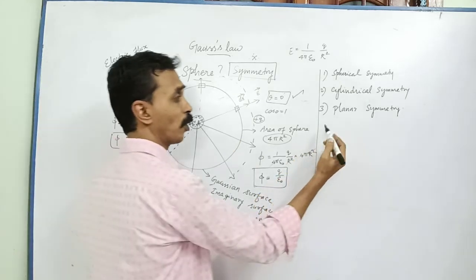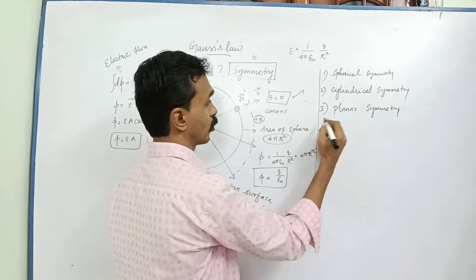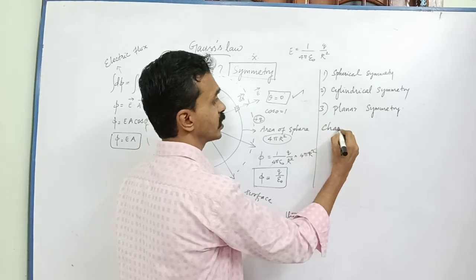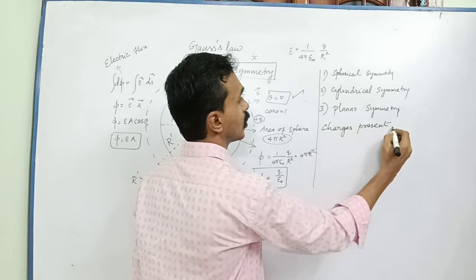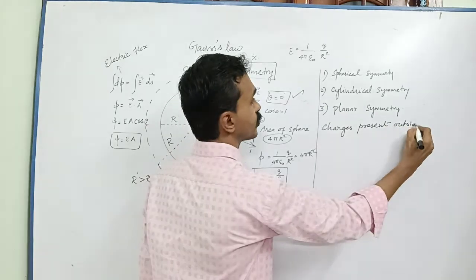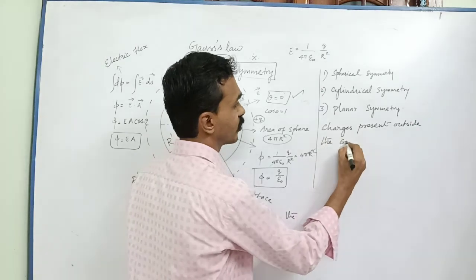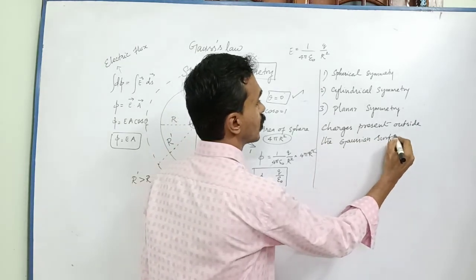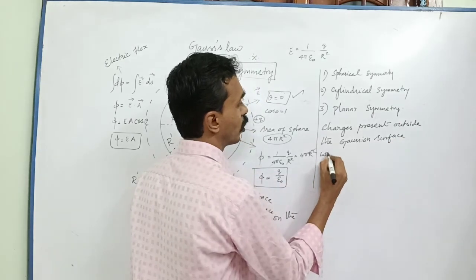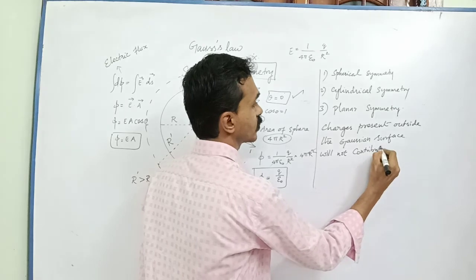This is a very important concept, that those charges present outside the Gaussian surface will not contribute to flux.